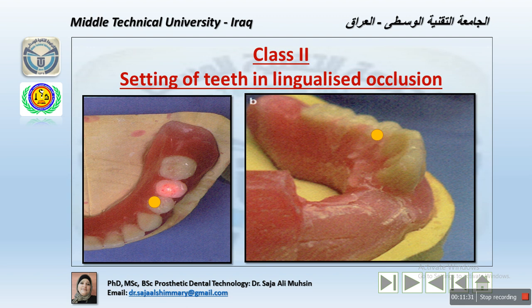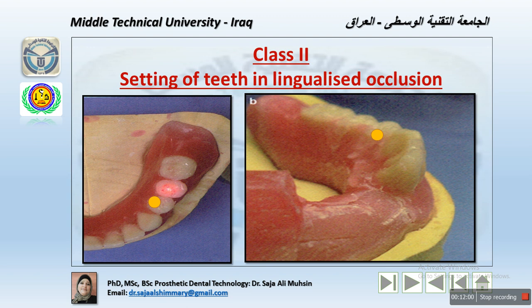But in lingualized occlusion, there is a little more tilting to the lingual side than in class 1 and class 3 later on. This usually means that the central fossa of the upper first premolar has to be enlarged palatally to allow the lower premolar to contact it while still being positioned over the crest of the lower ridge.